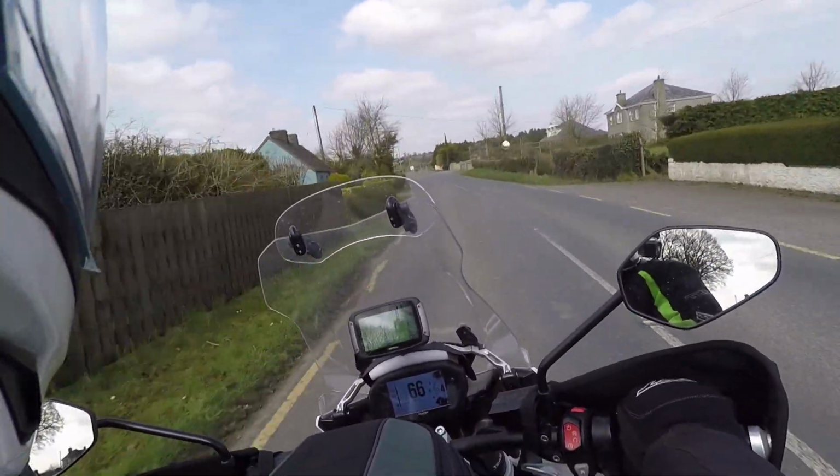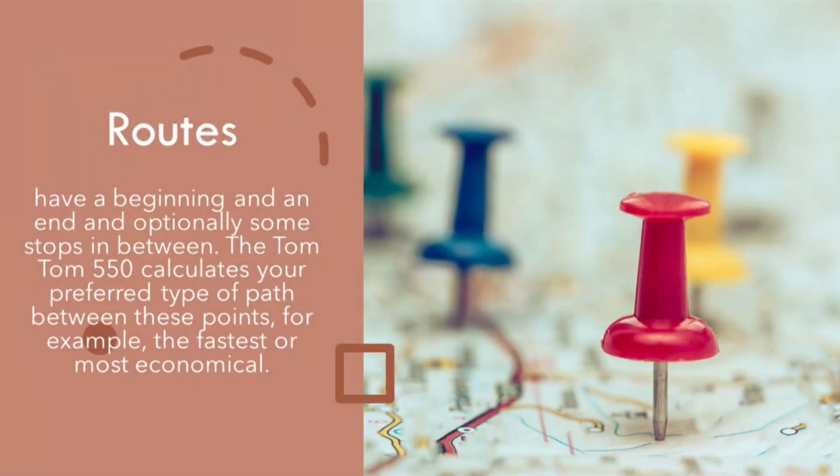Now a route is different from a track though. It has a beginning and an end, and optionally stops in between. Those optional stops are all my waypoints that I put in my route app. So the TomTom 550 calculates your preferred type of path, be it windy, shortest distance, non-motorway, whatever it may be, between those points.